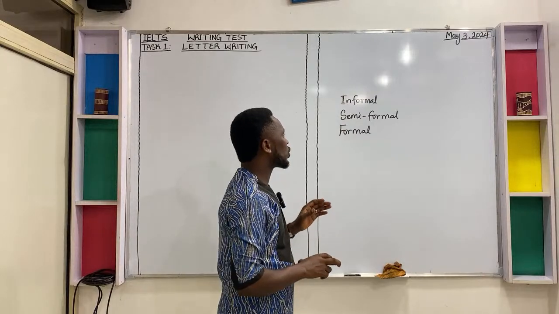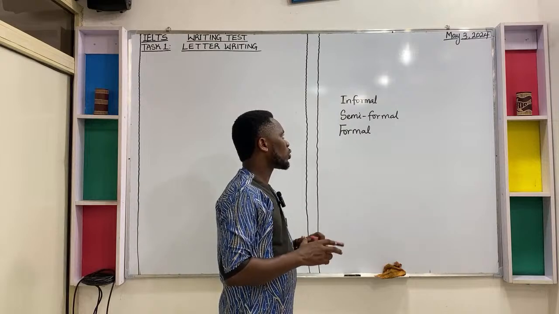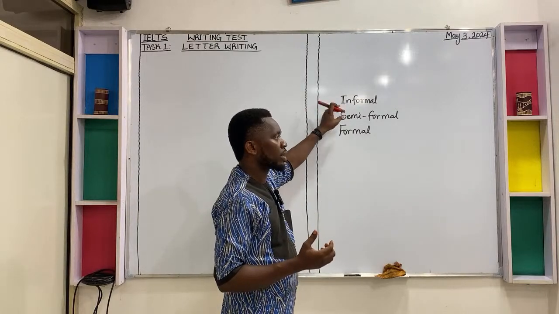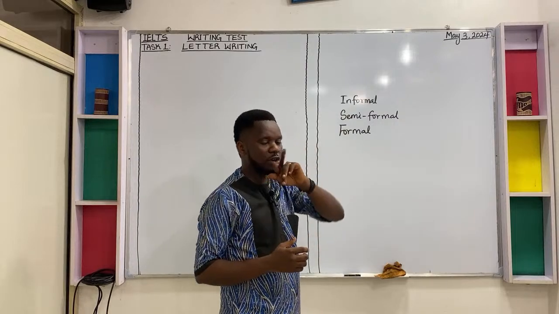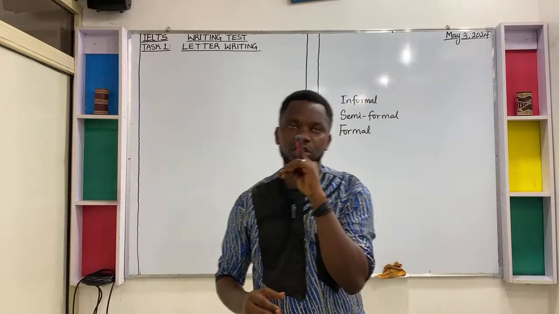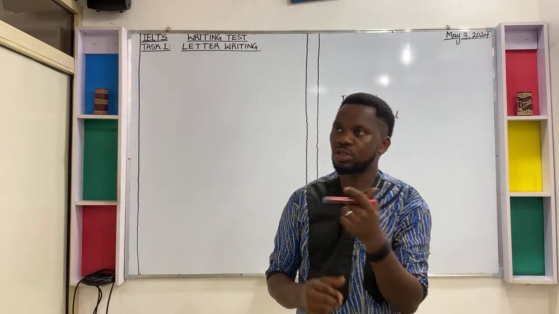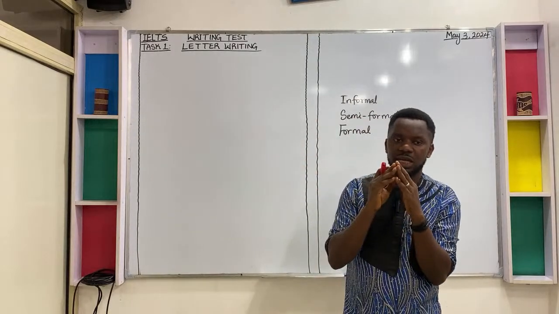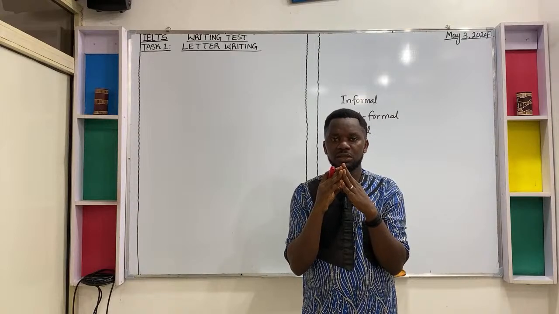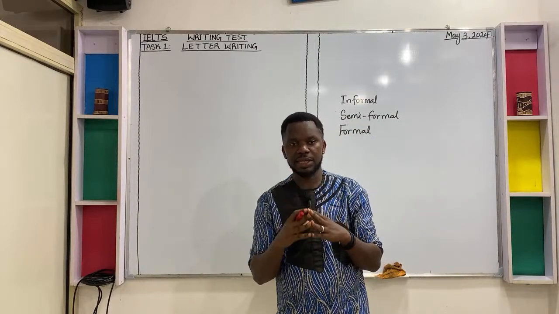So you really need to understand that there are 3 types of letters so that you make your mind open and free to accommodate the 3rd type. Because a lot of people fail their writing tests due to the fact that when the question comes, if it is not an informal letter, then they feel that automatically it is a formal letter.